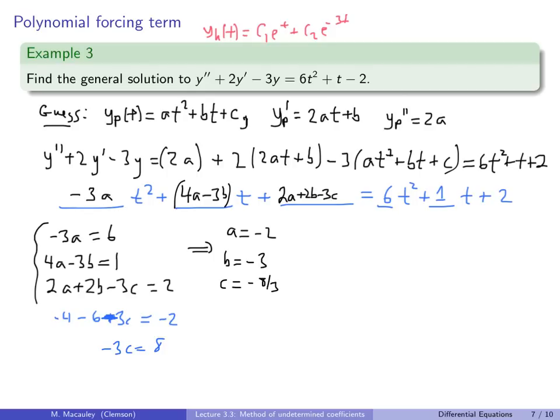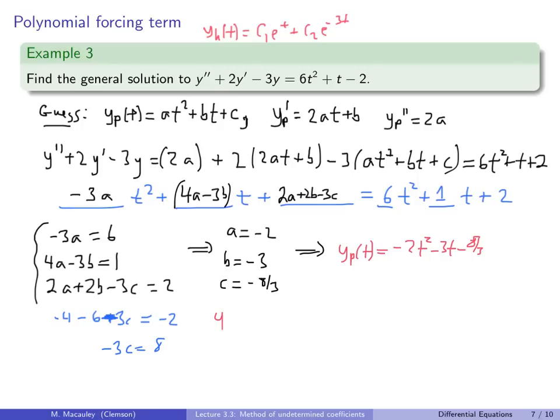So this means that we have our particular solution. We know A, we know B, and we know C. There's one and only one solution. So that means that yp of t equals negative 2t squared minus 3t minus 8/3.